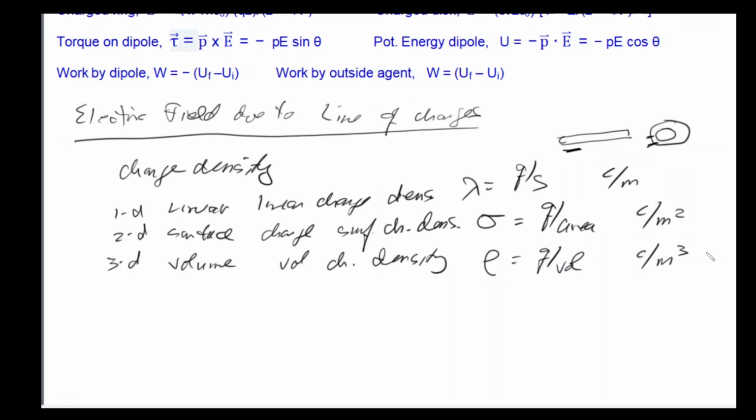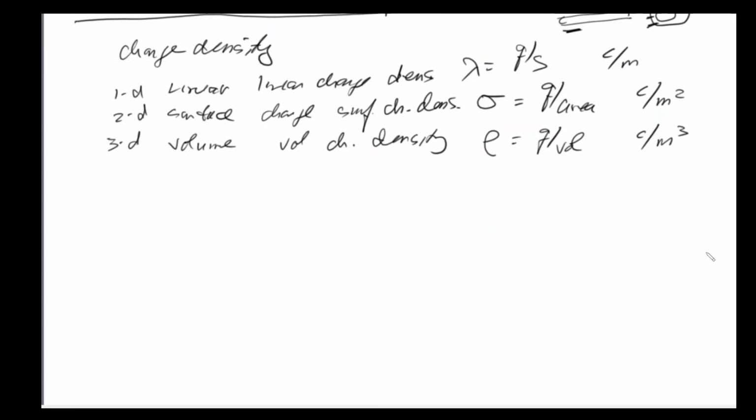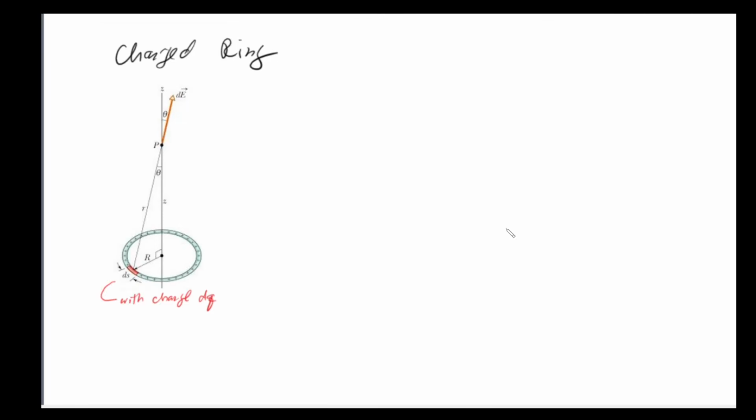Okay, so let's get back to our line of charges. And in this case, we're going to look at a charged ring. So let me go over this diagram briefly. We have a ring of charges down here, and we're looking at a segment ds, and that ds has a charge of dq.